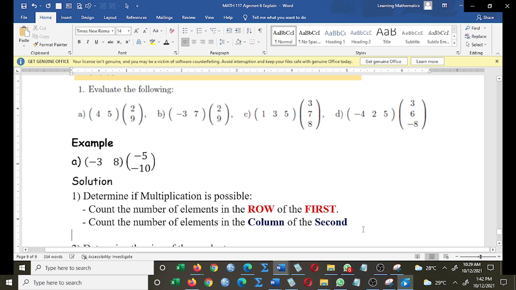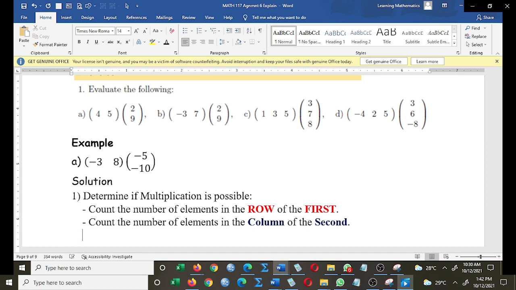So please bear that in mind. Row of the first, column of the second. So anytime you see you're multiplying matrices, associate the word row with first and associate the word column with what? Second.